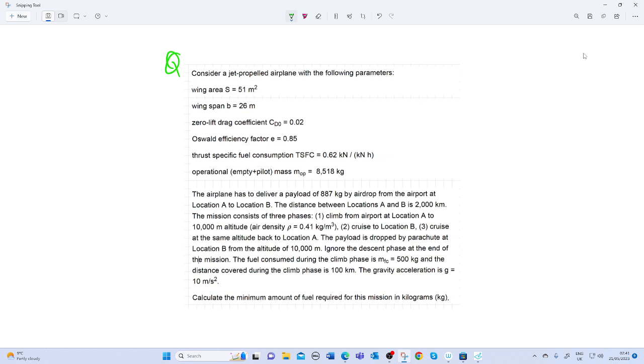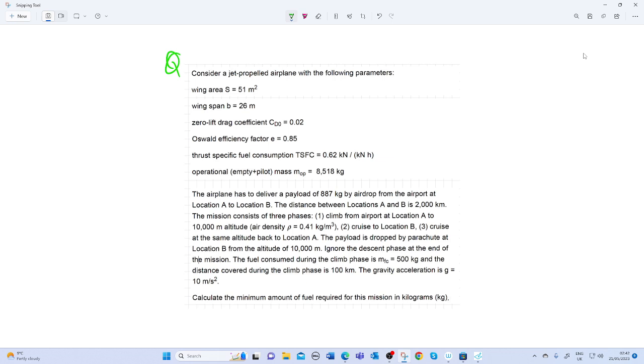The Oswald efficiency factor e equals 0.85. The thrust specific fuel consumption TSFC equals 0.62 per hour. The operational empty mass plus pilot mass MOP equals 8,518 kg.